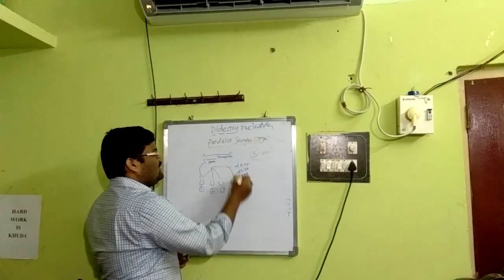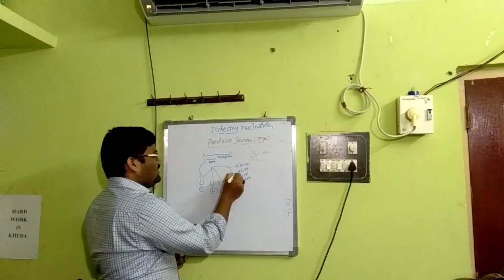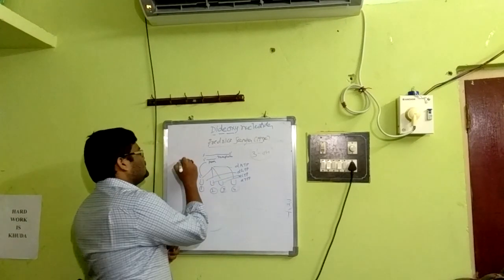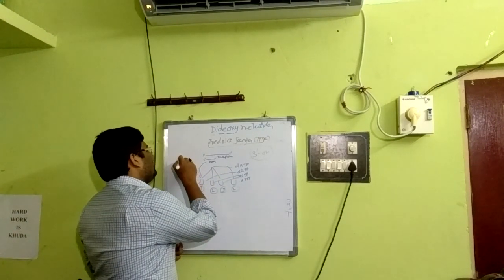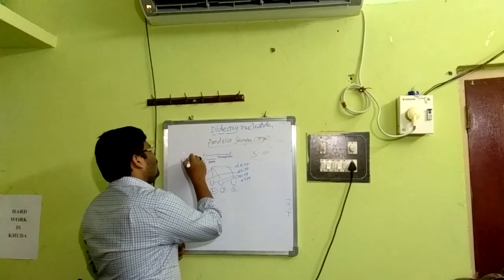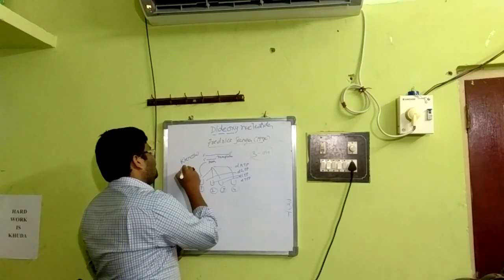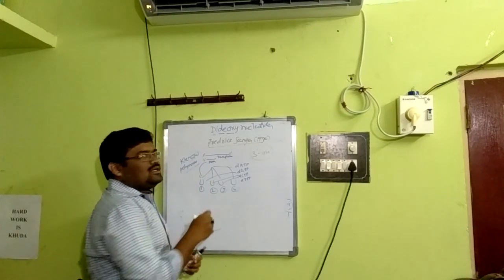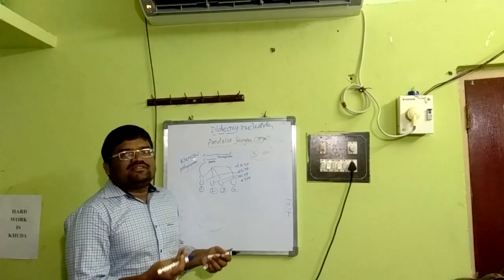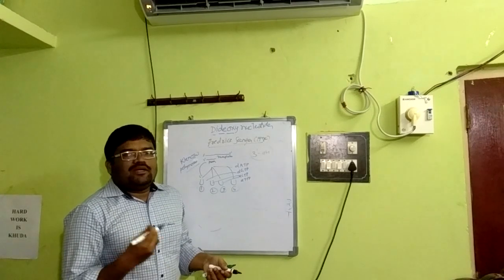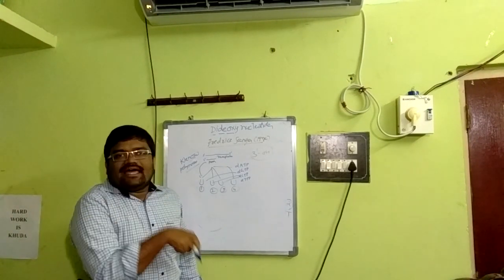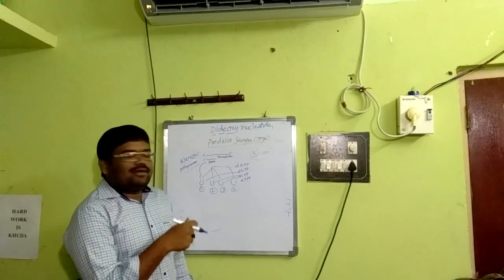You add all the dATPs here. Add all the raw materials here. Then add the polymerase, Klenow polymerase. Now we are using Taq polymerase, from Thermus aquaticus, a thermophilic bacterium. The same DNA polymerase is used in this biological process.